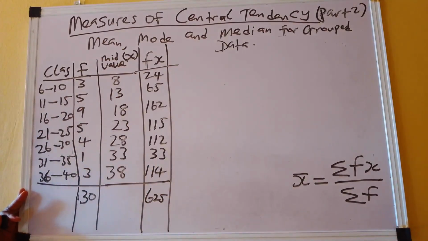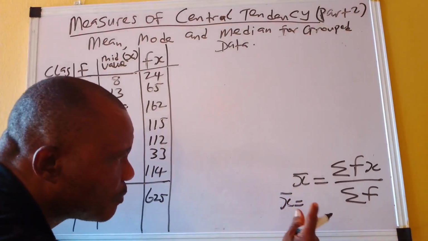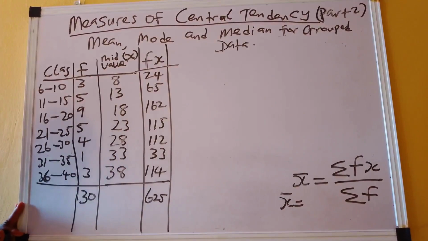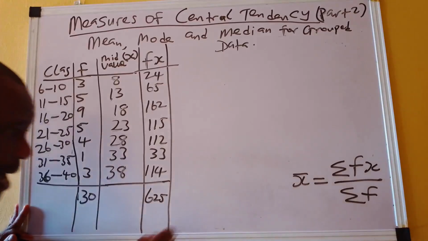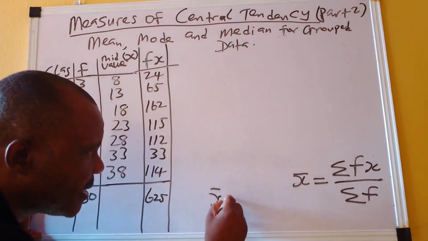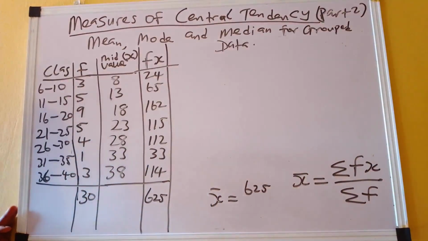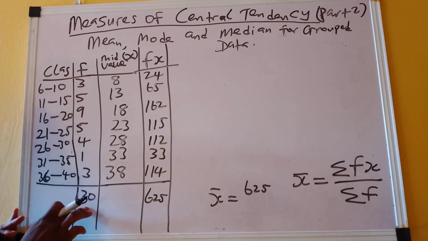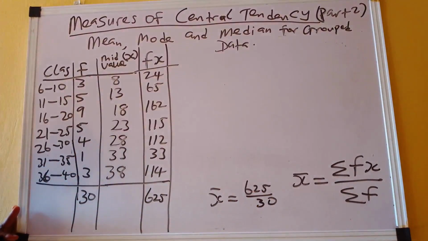So the mean x bar is equal to, okay, let me write it here. The mean x bar is equal to 625, which is the sum of f of x, all over the sum of f, all over 30.